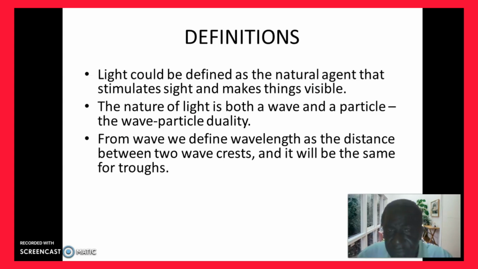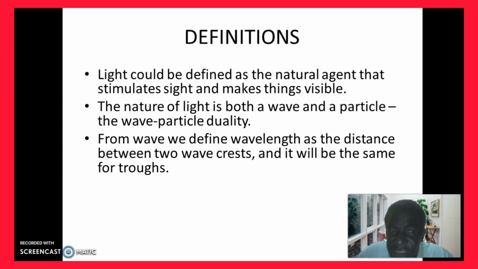From wave, we define wavelength. That is, after finding that light is also a wave in a way, you could talk of wavelength as the distance between two wave crests.